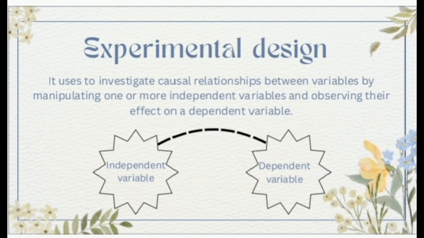So we change the independent variable to observe the result on the dependent variable. Here there are two pictures. First is the independent variable and second is the dependent variable. This line shows the impact of the independent variable on the dependent variable. I hope this basic introduction is clear to all of you.